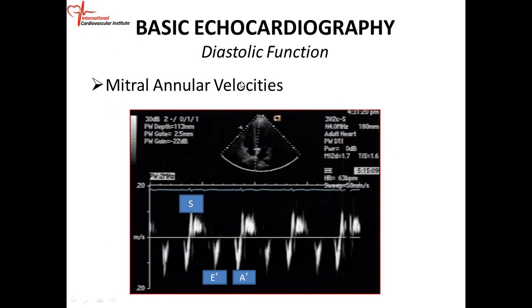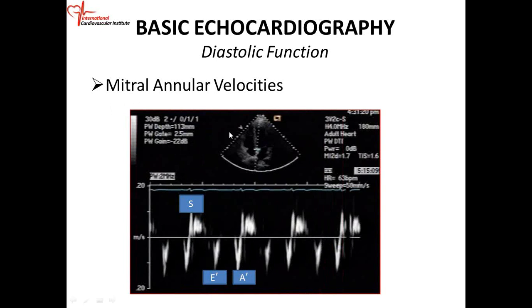So your two-dimensional echo is on top. Your cursor is placed at the annulus. Sample volume is at the mitral annulus. If it's not placed at the annulus, your measurements are inaccurate.